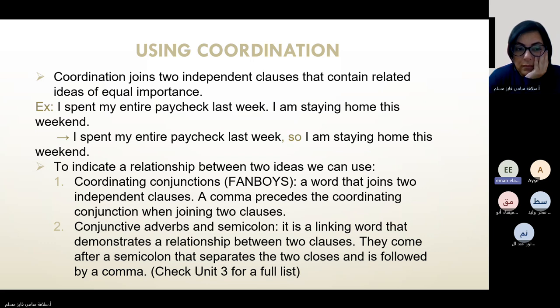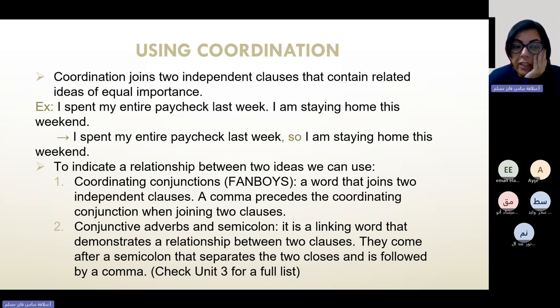I spent my entire paycheck last week, so I am staying home this weekend. So a coordinating conjunction, fanboys: for, and, nor, but, or, yet, so. Okay?